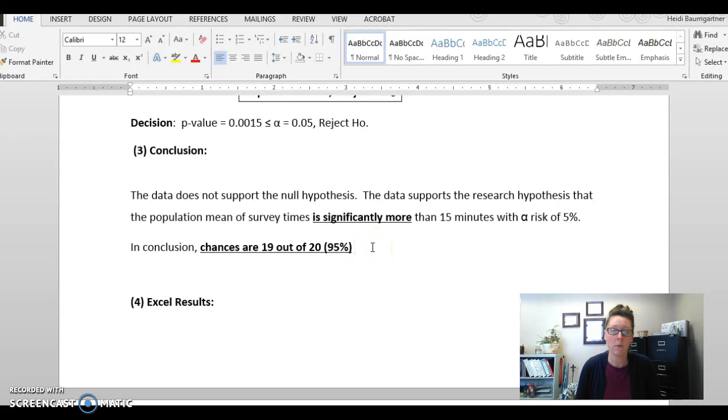So 19 out of 20, and we write it in that way so that you're looking at 19 different examples of the survey time, 19 of those 20, 95% confident, that a survey respondent will take more than 15 minutes to complete a survey.